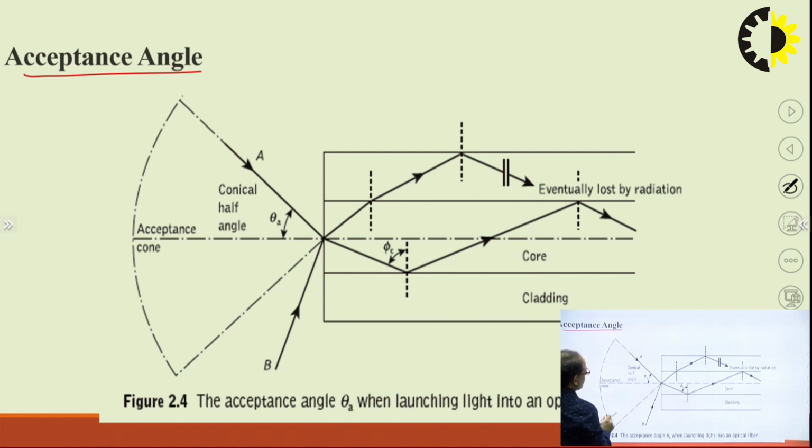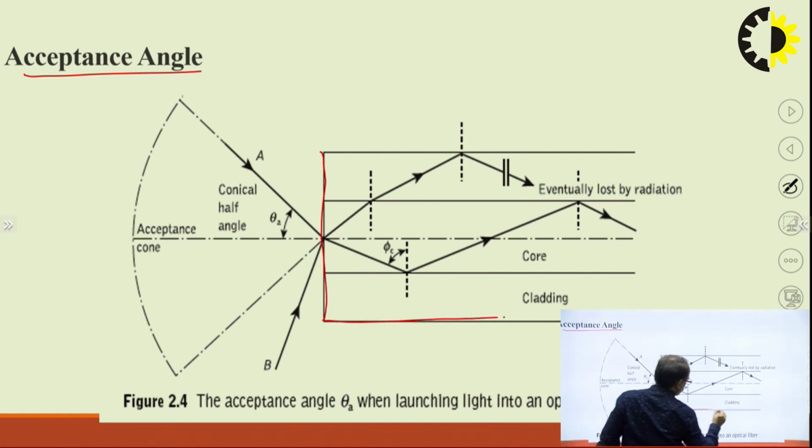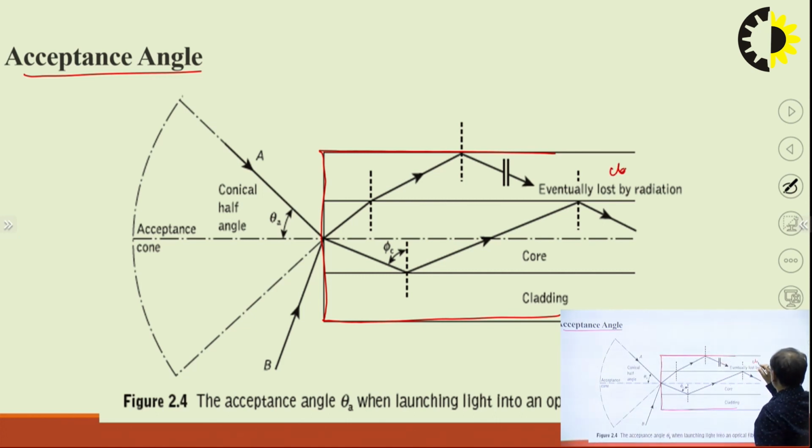Now see, let's say this is the start of the optical fiber cable, and this portion is cladding, and this innermost portion of the optical fiber cable is core. Now see this one.